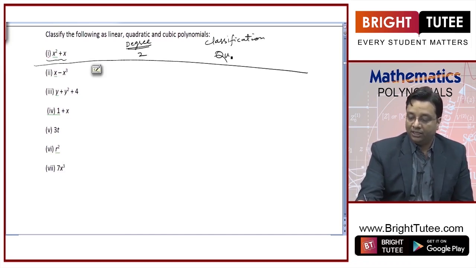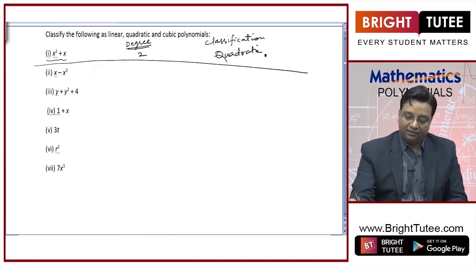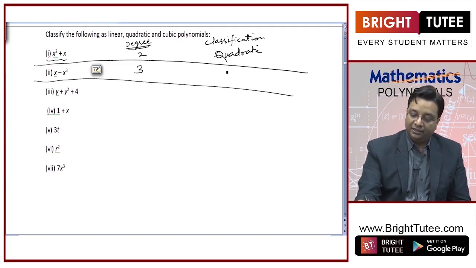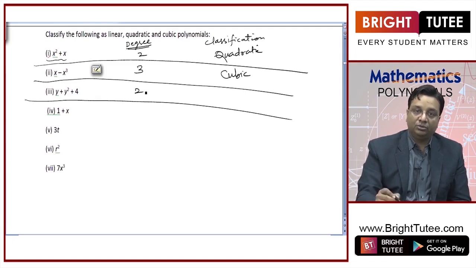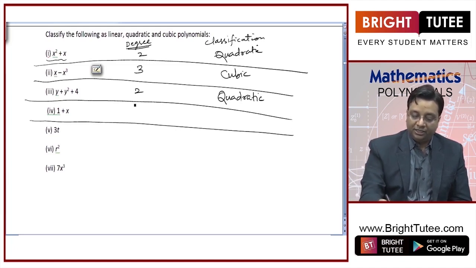So, it is a quadratic polynomial. When I say quadratic, in this chapter I mean quadratic polynomial, right? In this case, the degree is 3, it is a cubic polynomial. In this case, the degree is 2, so it is a quadratic polynomial. In this case, what is the degree? The degree is 1, the highest power of x is 1. So, it is a linear polynomial.